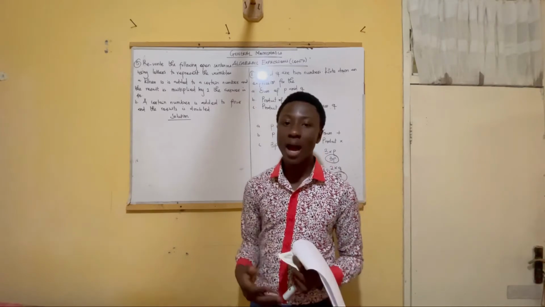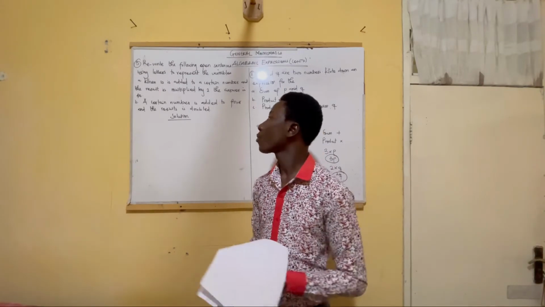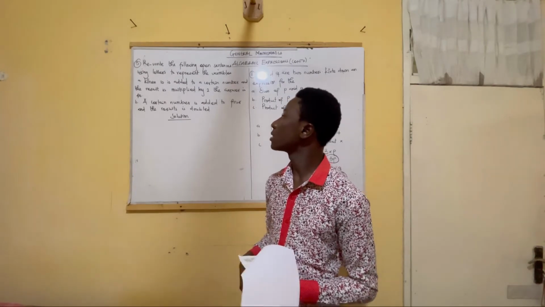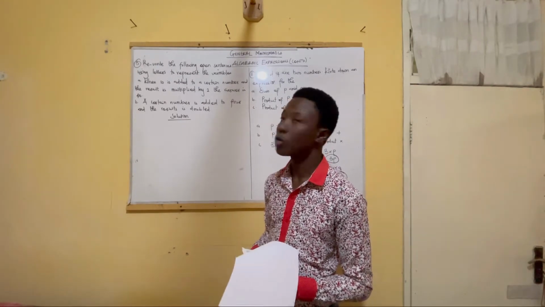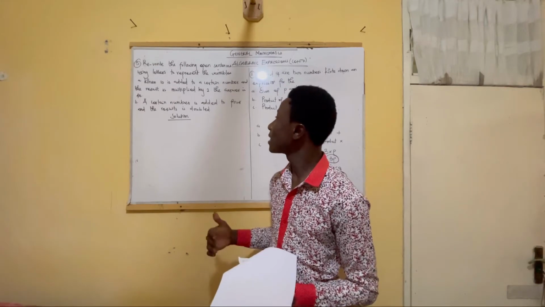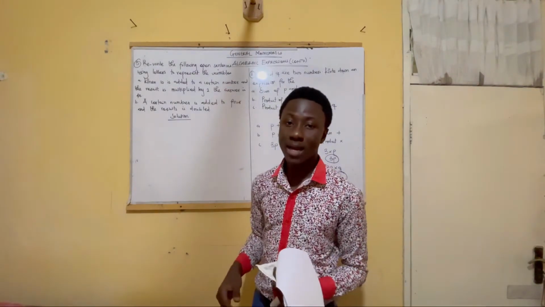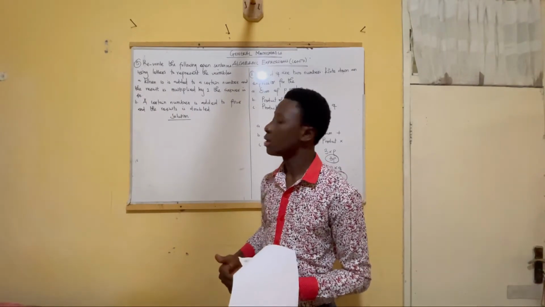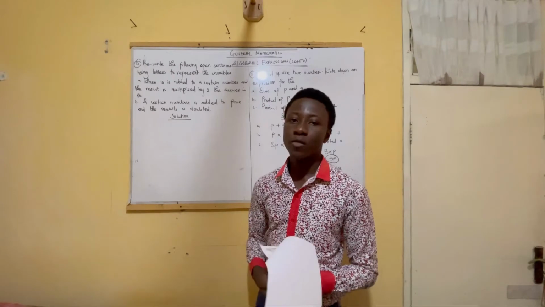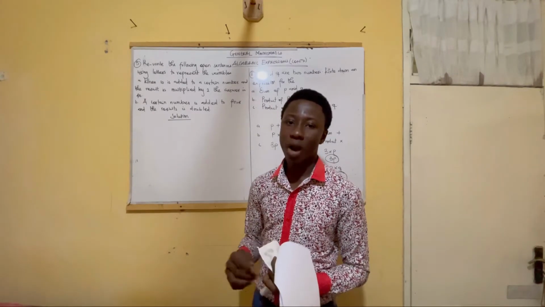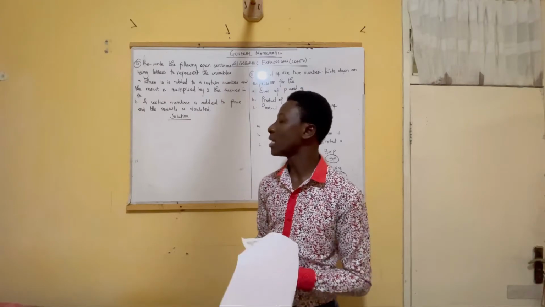Let me show you how you're going to solve this. The main question is: rewrite the following open sentences using letters to represent the variables. The first one is: when 10 is added to a certain number, we do not know what number it is, and the result is multiplied by 2, the answer is 40. So first, denote a variable, a letter, to represent the unknown number.